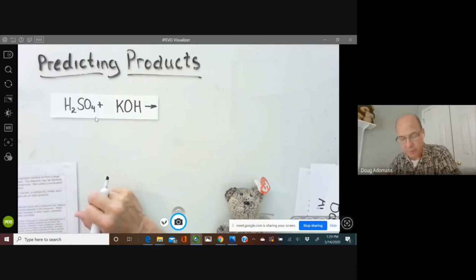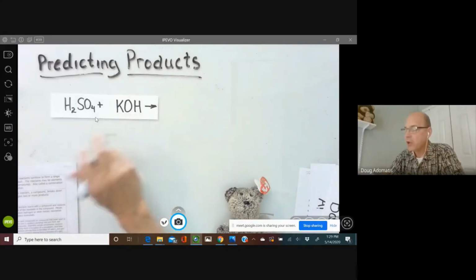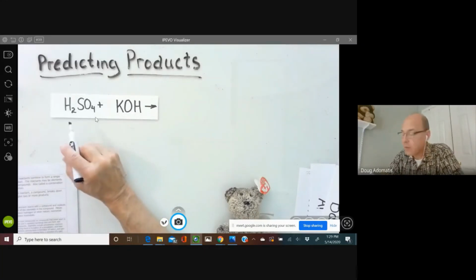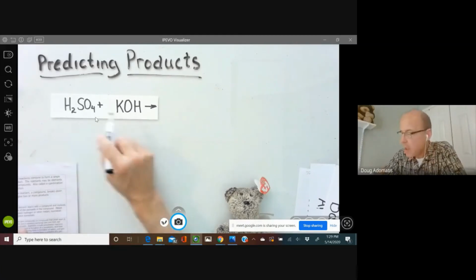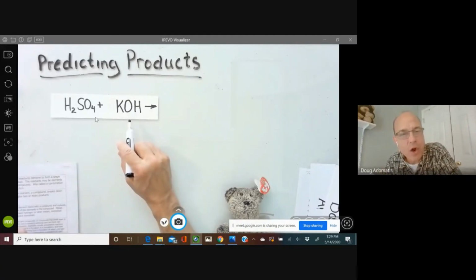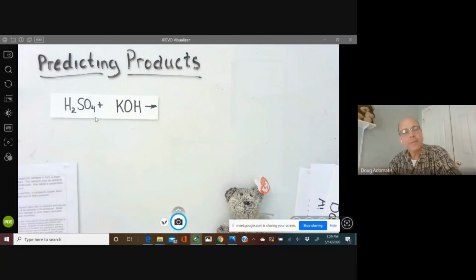Somebody help me with this. What are the products going to be of, this is actually called, if I was giving you a word problem, sulfuric acid and potassium hydroxide. Ooh. Okay. First of all, somebody out there classify it for me. What class of reaction is it?